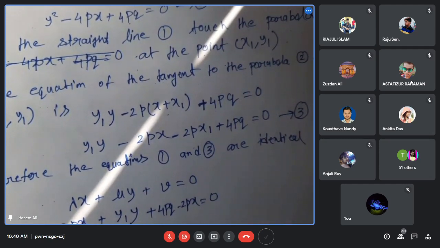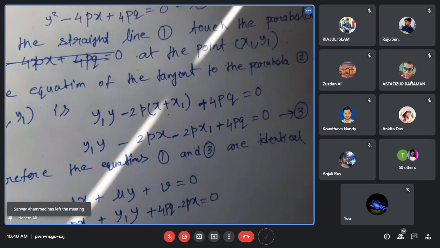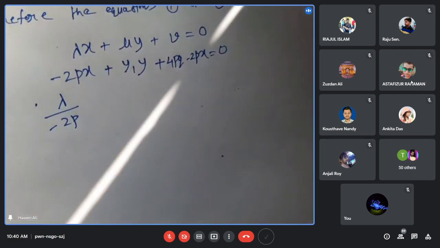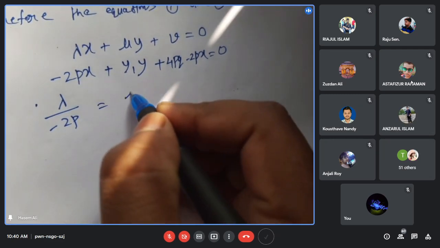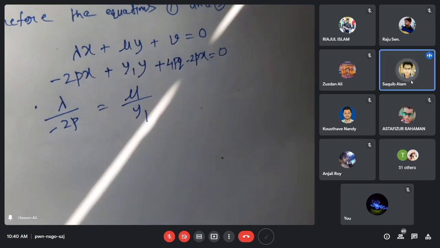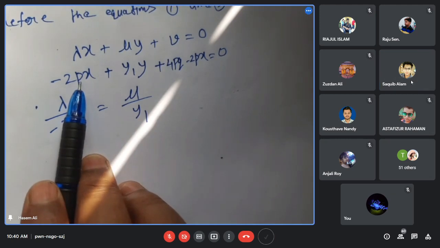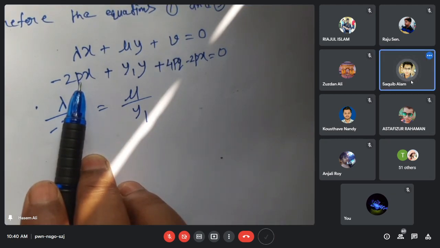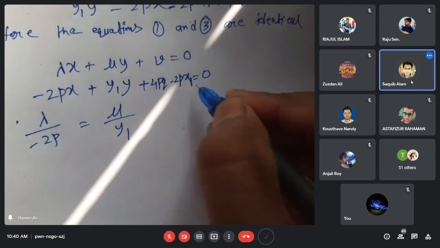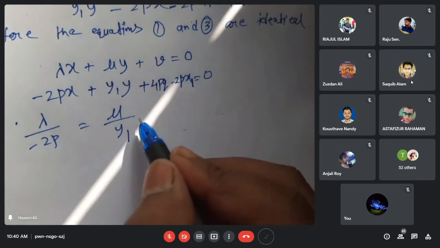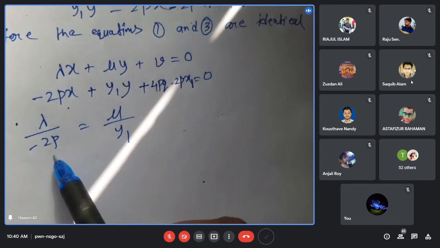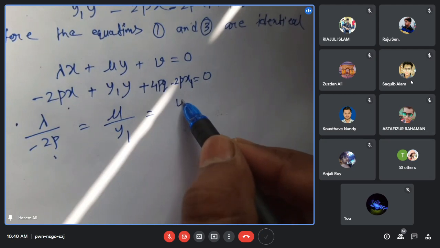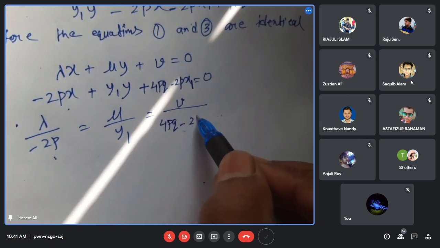The coefficient of x is minus 2p in both places, it's not minus 2px1. Now comparing the coefficients, lambda by minus 2p equals to mu by y1 equals to v by 4pq minus 2px1.